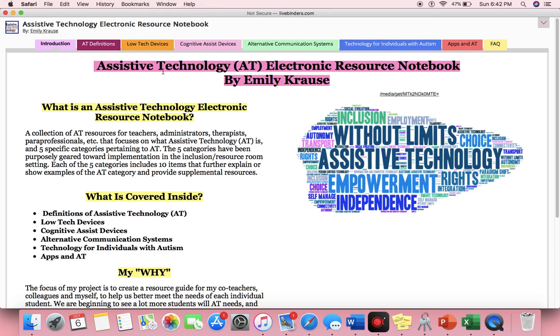The categories I chose were low-tech devices, cognitive assist devices, alternative communication systems, technology for individuals with autism, and apps and AT. So those were the 5 categories I chose, and then I also included frequently asked questions. I chose these 5 categories because I believe those are the categories that are most relevant to my teaching right now in the inclusion co-teach setting or in the resource room setting at the elementary age.